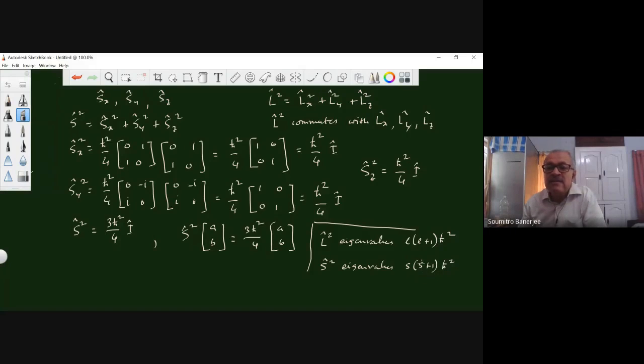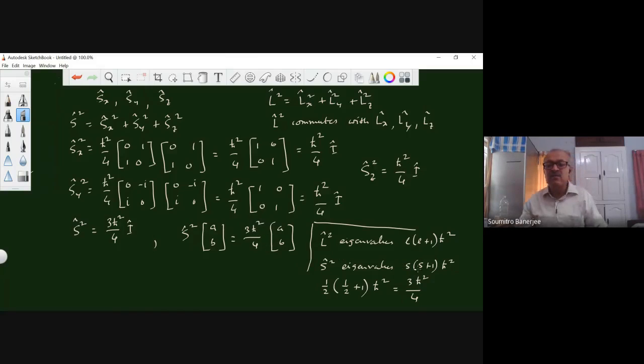Then what should be the s so that the result is this? That's the question we ask. If S square also follows the same kind of a rule, then what should be s so that we get this as the eigenvalue? You will find that if you put half, then half times (half plus 1) h cross square is equal to 3 h cross square by 4, what you had here. So only if you assume s to be half, you get this result.